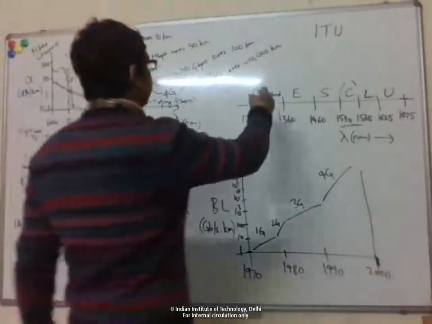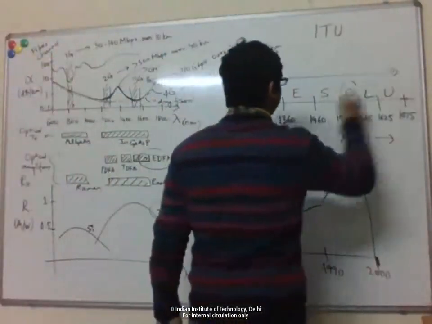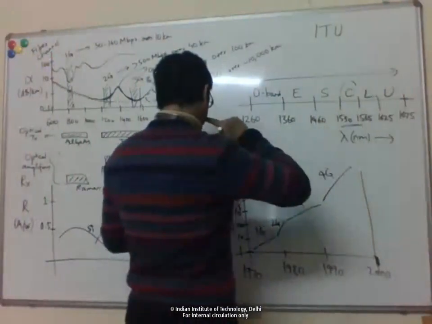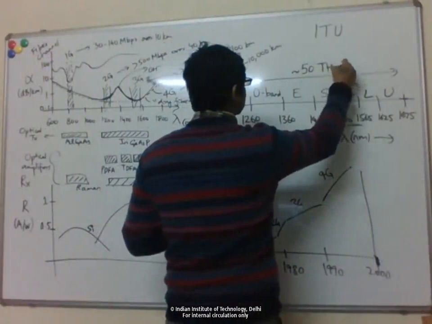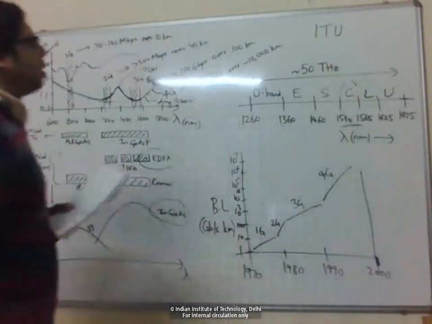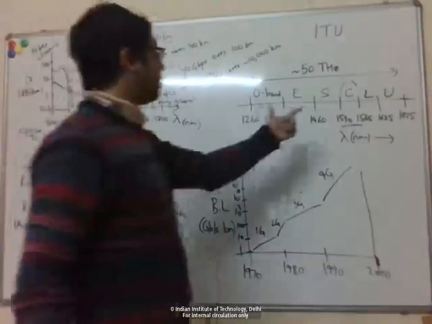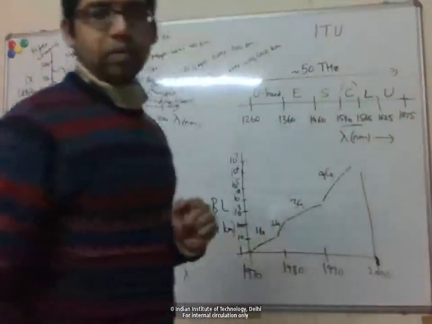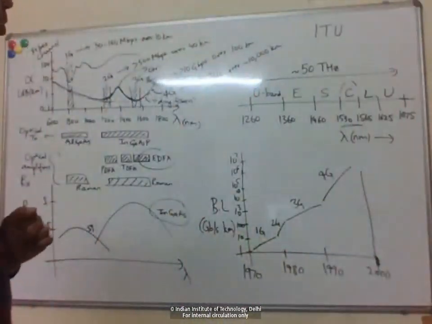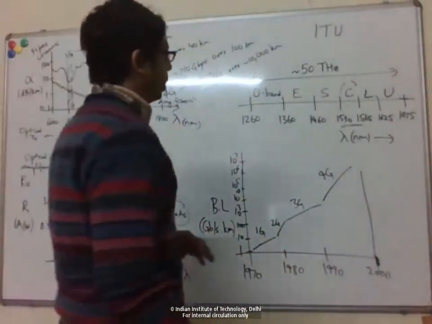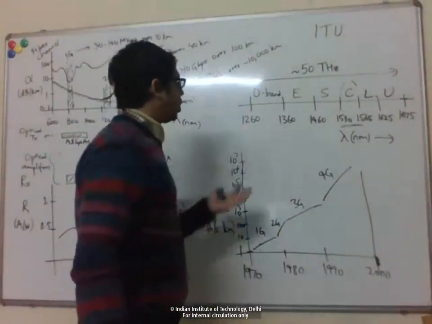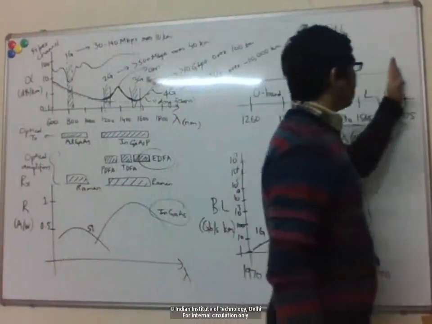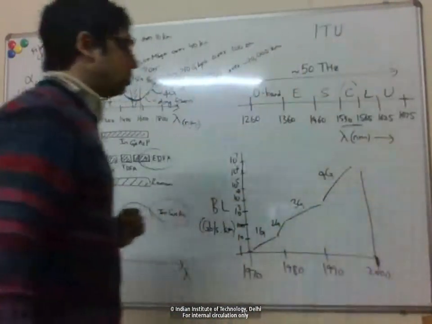So this, if you look at this entire band here, in frequency, that's about 50 terahertz. Okay, so that's sort of the channel bandwidth that you have in your optical fiber. Okay, so if you develop the technology, you can utilize this entire 50 terahertz channel bandwidth.